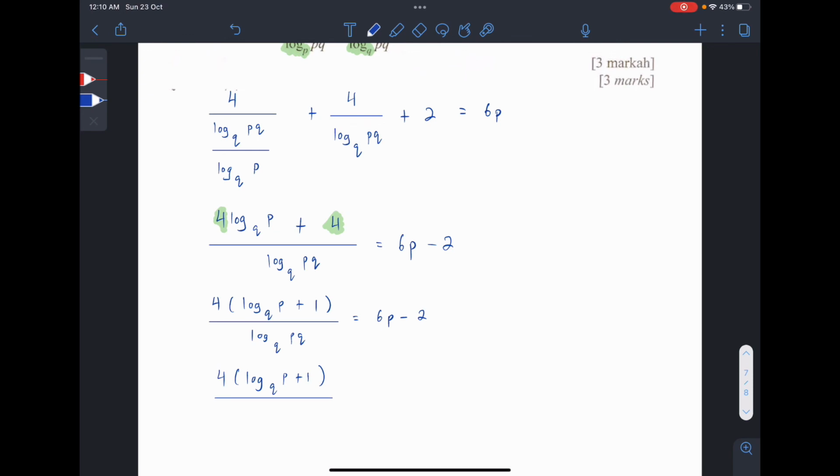They are together, so you can separate them out, so it will become log qp. Since it's a multiplication, it will become a plus, so log qp plus log qq equals 6p minus 2, right?